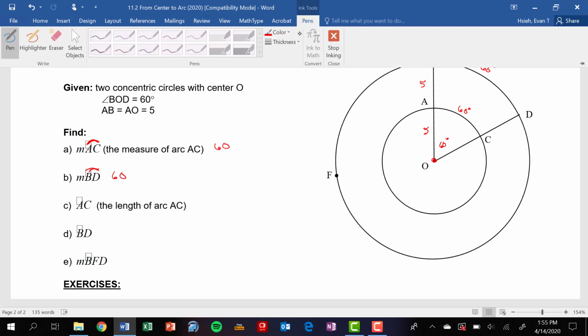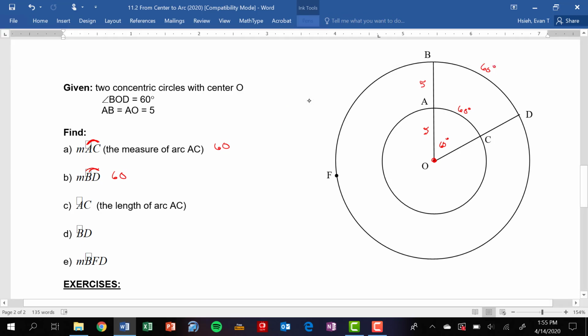But if we take a look at the length of the arcs, we remember from an earlier section that the measure of the arc divided by 360 times the circumference gives you the length of the arc. It's the fraction of the circumference that is the length of arc AC.